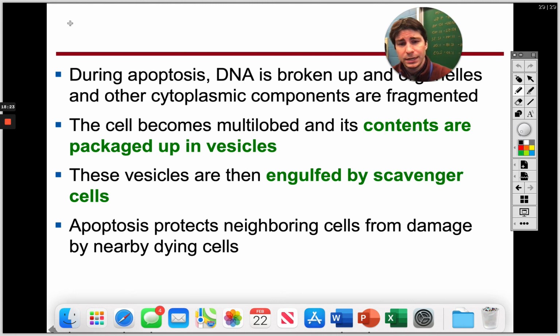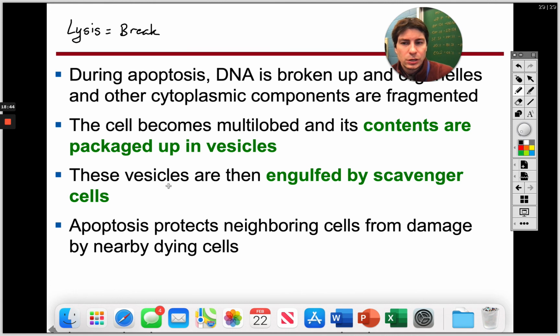For this one here, we do not want that cell to burst. So cytolysis, cell bursting. Hydrolysis, from chapter 3, was breaking something down as well. So anytime you see lysis, this means to break.